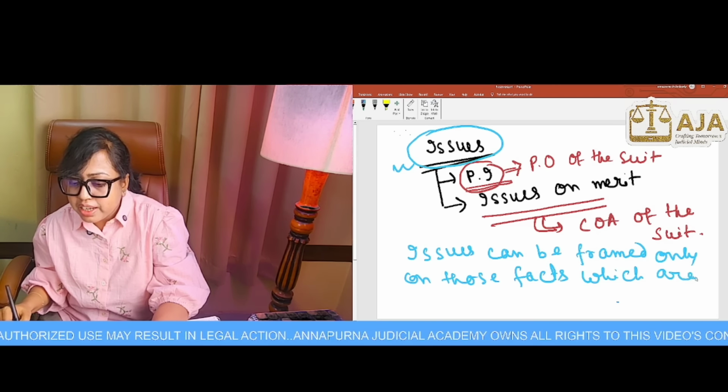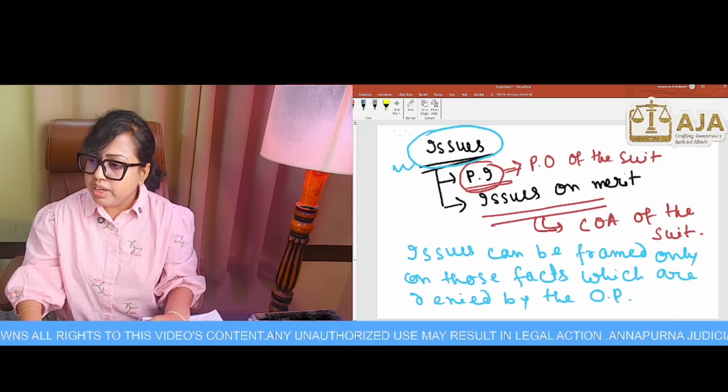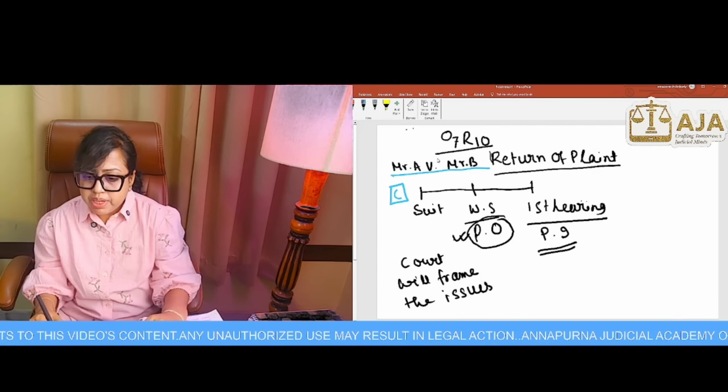In our example, Mr. A has filed this suit in this court because Mr. A believes that this court has the jurisdiction.